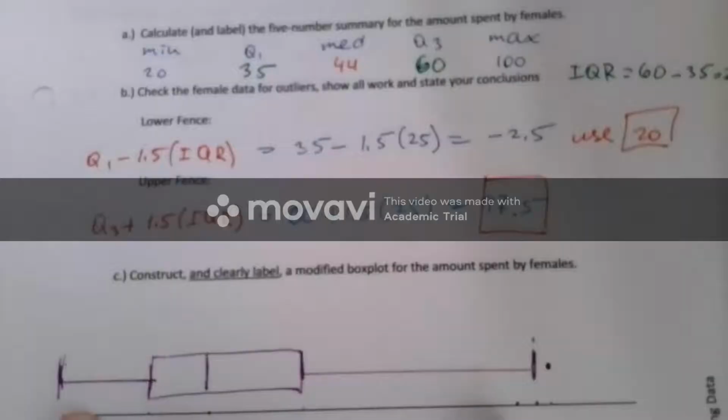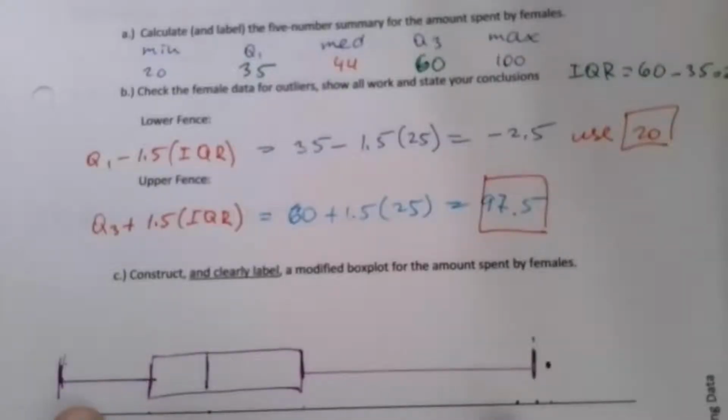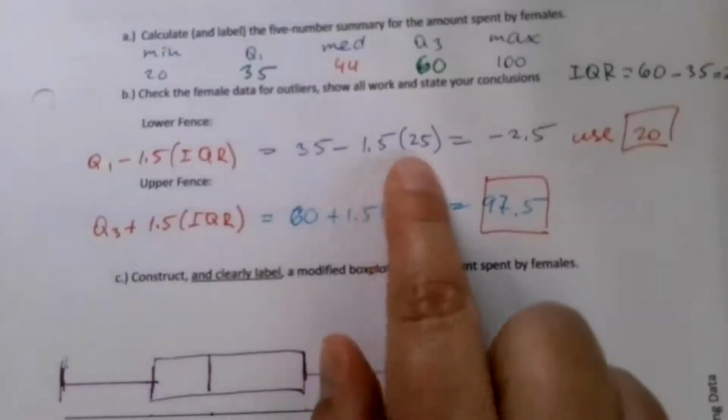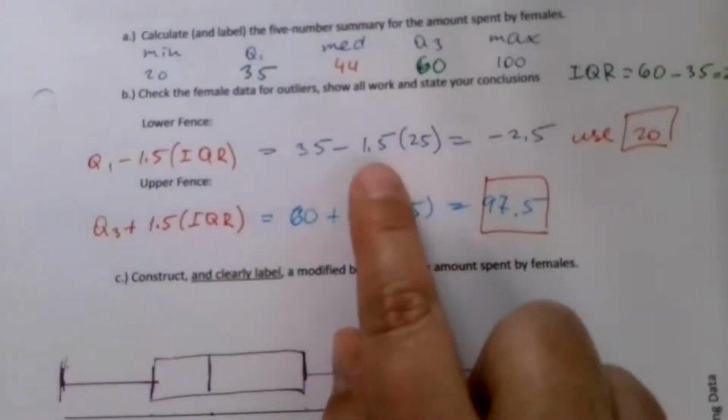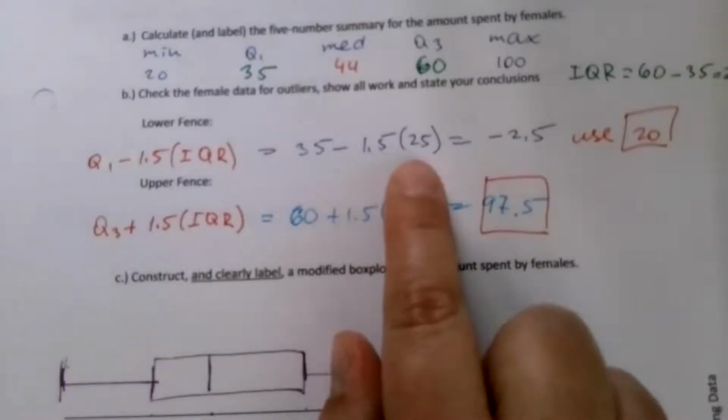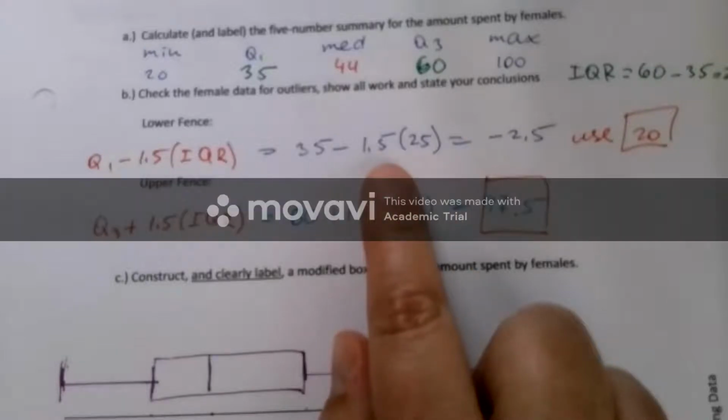Okay, so on the lower fence, you have Q1 minus 1.5, which is 35 minus 1.5, right? Times 25, you're forgetting. Okay. When you put a number next to another number in parentheses, that implies multiplication.